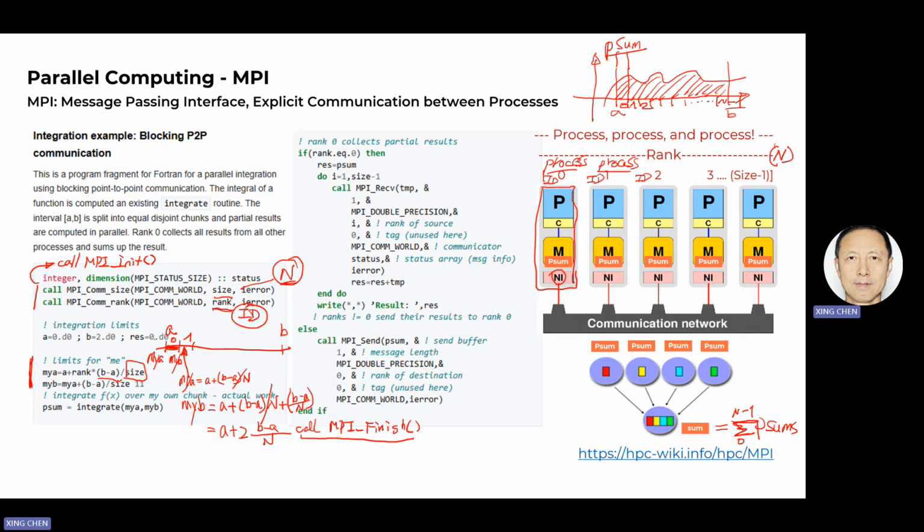The final result is that each MPI process is going to find out its starting point and ending point, and its own workload. So each one is going to know where its workload is. Each one is going to have their my A and their my B, their starting point and ending point.